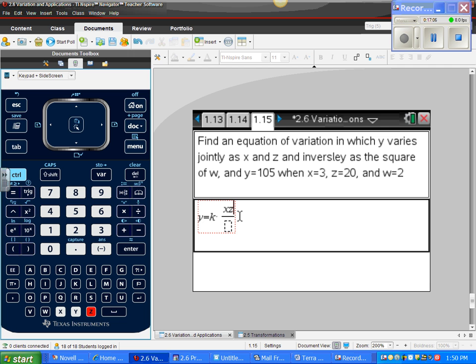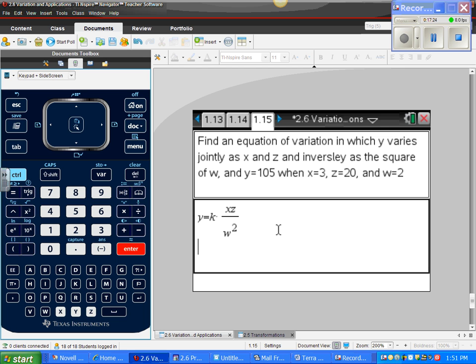So we've got xz in my numerator, and then in the denominator I have my w squared. So if we can come up with the equation, it's simple to use after that.